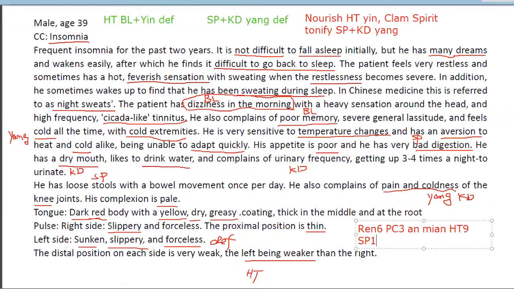And another point they use, Kidney 15. So these points they use to tonify the kidney and regulate the teeth. They also remove some dampness by decreasing problems like kidney yin deficiency and kidney yang deficiency. So that's this one.